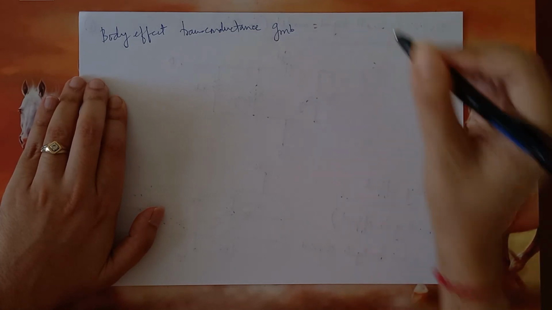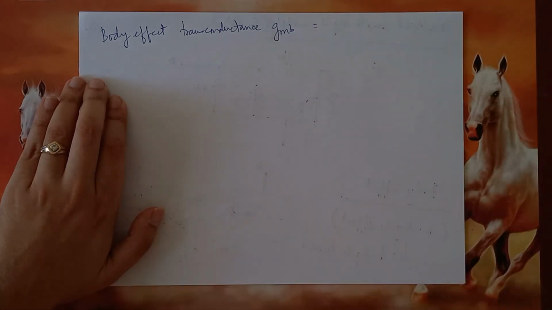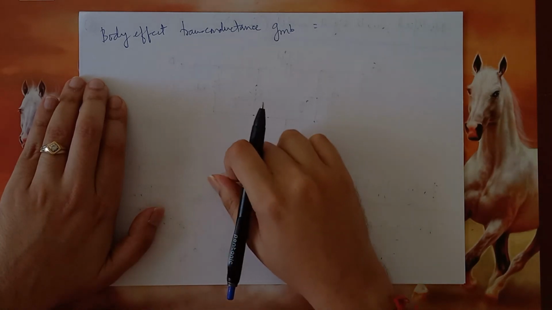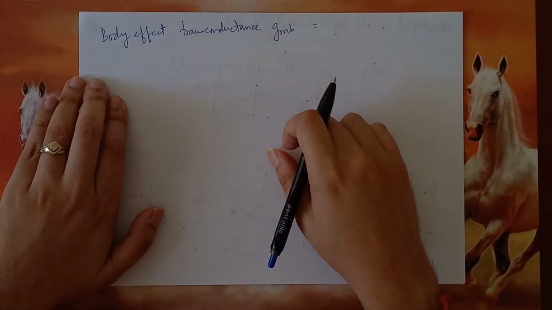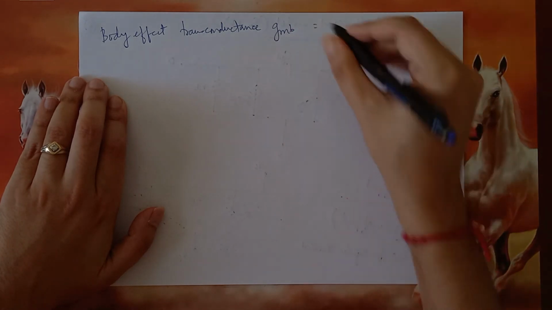And effectively, since there are two currents, one main drain current and the other through the body effect, we can think of it as another component of the drain current itself. So therefore, this is defined in this manner.